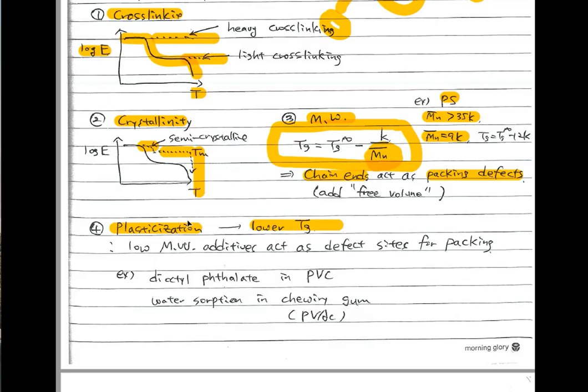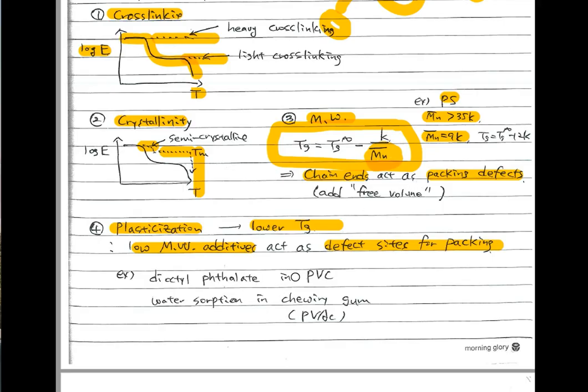A plasticizer is basically a low molecular weight additive which you add when you make polymer samples. Since this is just a low molecular weight additive, it will act as a defect for packing, similar to the chain ends for low molecular weight polymers.